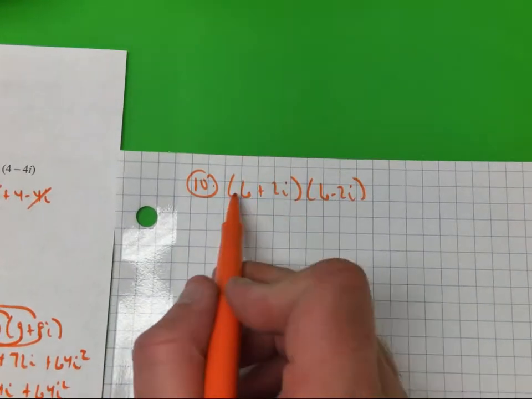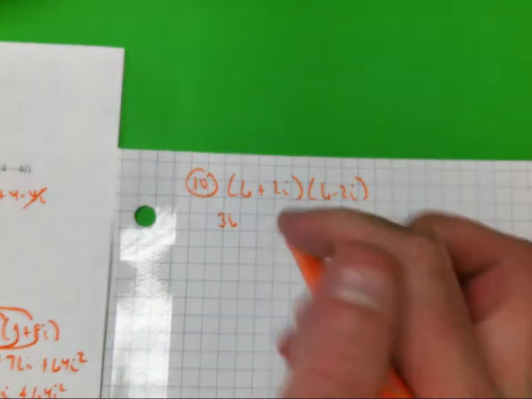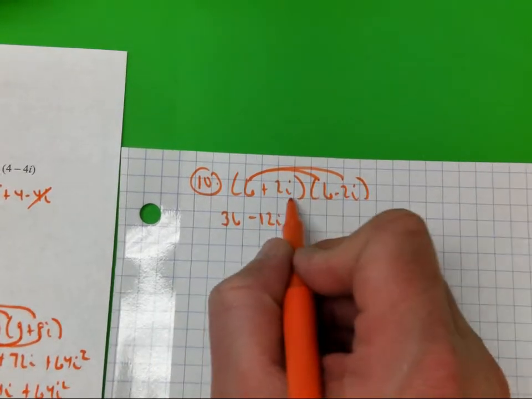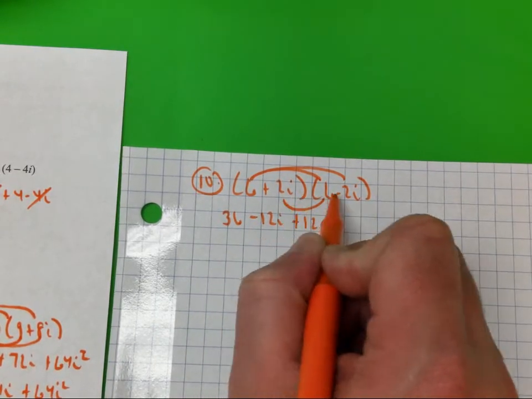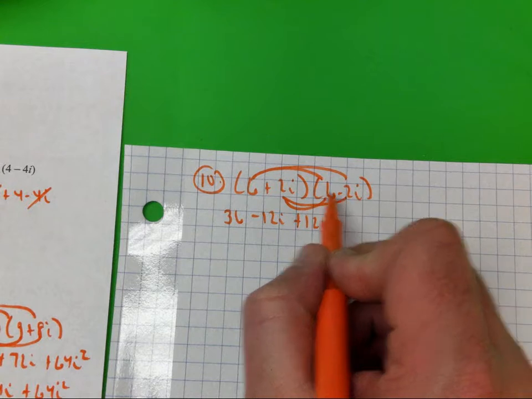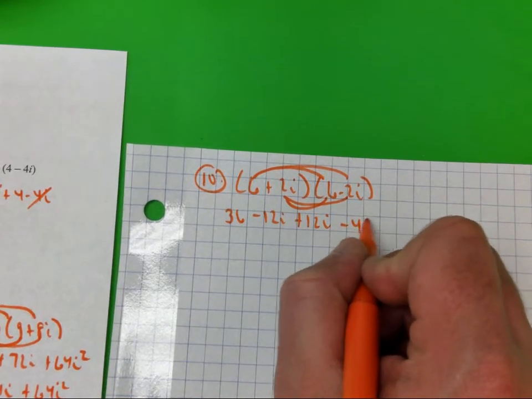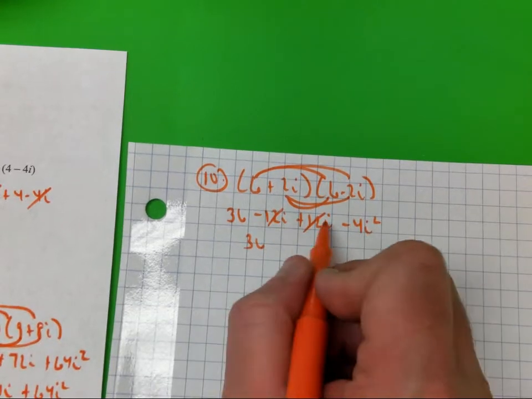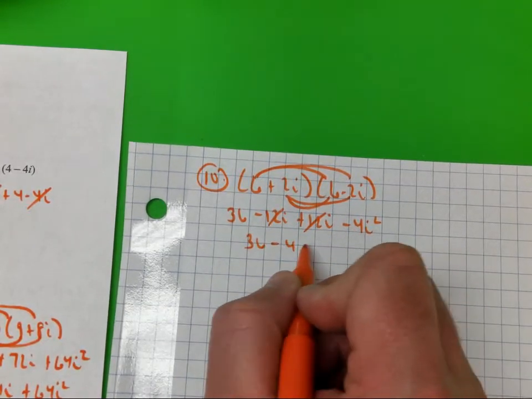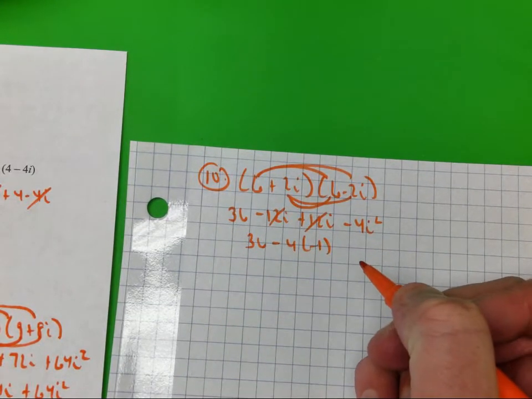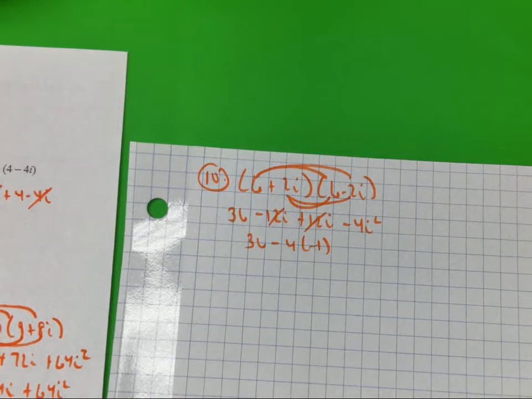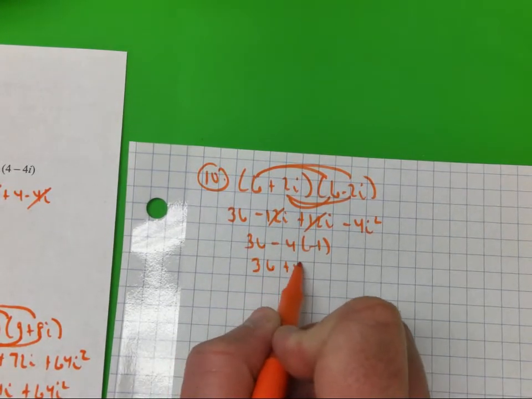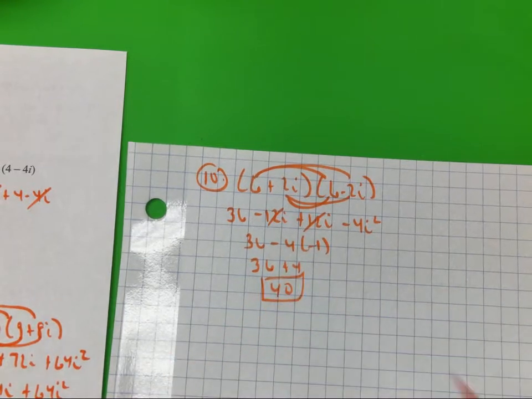This is multiplication. 6 times 6 is 36. 6 times negative 2i is negative 12i. 2i times 6 is positive 12i. 2i times negative 2i is negative 4i squared. Those cancel out. I'm left with minus 4i squared, where i squared is negative 1. Negative 4 times negative 1 is positive 4. So your answer is 40.